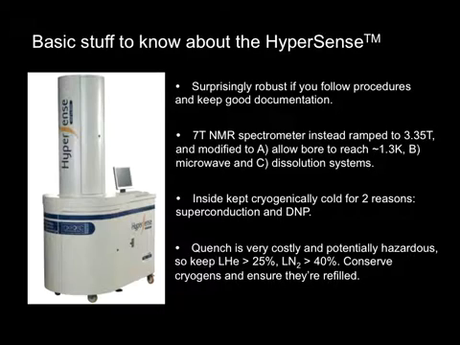To conserve that, you want to idle the system whenever it's not in use, and basically minimize the time that the VTI insert, which I'll talk about in a minute, is open. Because those are both situations where you end up losing helium. This cryostat that I referred to holds about 85 liters of liquid helium and 71 liters of liquid nitrogen.